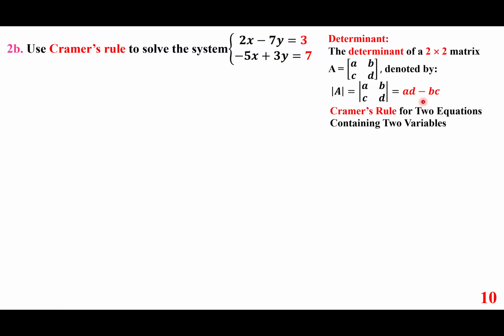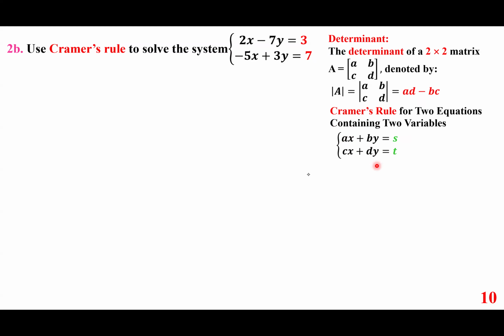Cramer's rule for two equations containing two variables. We find x as follows. First and foremost, in general, this is ax plus by equals s, cx plus dy equals t.